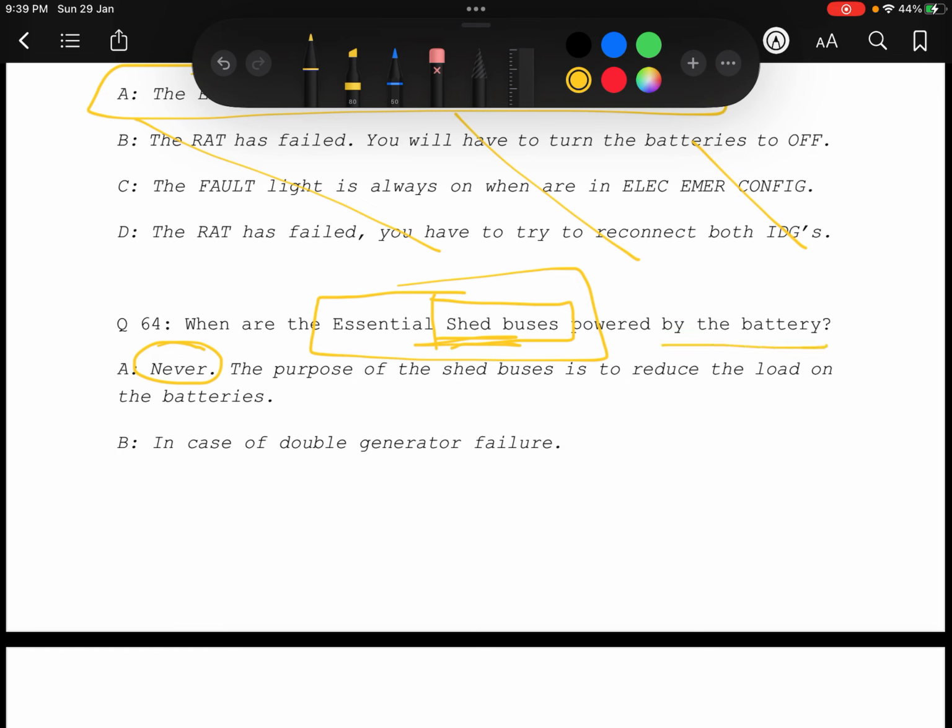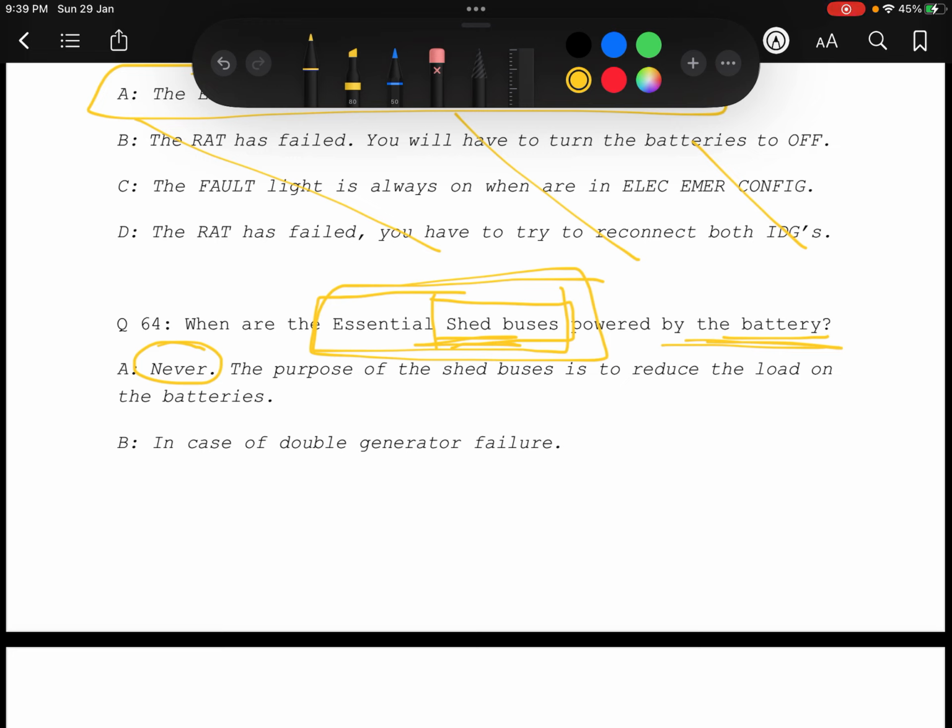So when the batteries are the only source, essential shed buses are lost. But if the emergency generator is supplying the essential buses, then essential sheds will be available. I hope it is clear for you, because I have explained this 3 times.